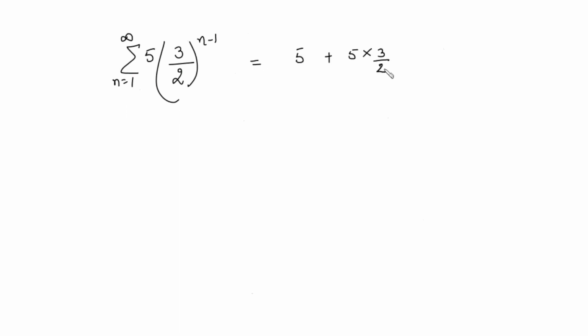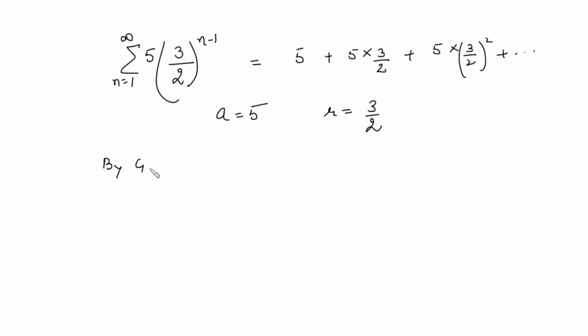Now just see one more example. Let's suppose you have to check the behavior of this series. So now this is 5 plus 5 into 3 by 2 plus 5 into 3 by 2 whole square, and so on. So this is a GP series with the first term as 5 and the common ratio as 3 by 2.